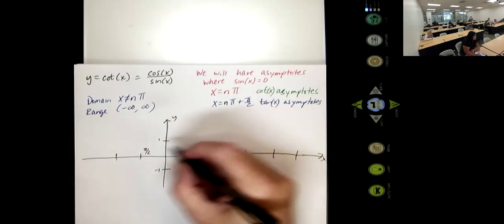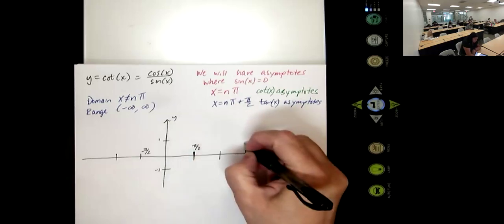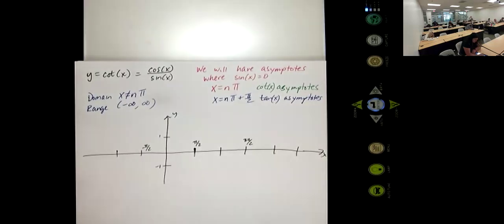Probably easier to mark the pi over 2's now rather than the pi's, because the asymptotes are gonna go along with pi's.